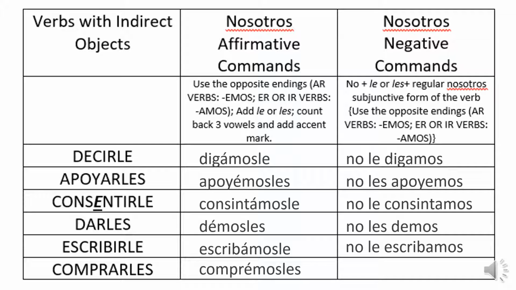And let's not buy them, no les compremos. So once again, I'm going to give you just a couple of seconds to make sure that you've got this all copied down correctly before we move on to the third table.